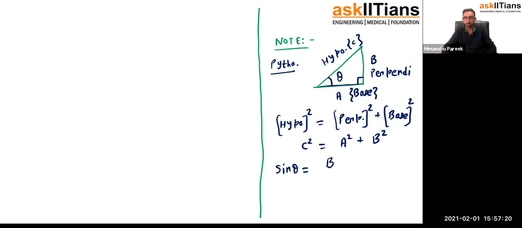Perpendicular is B, hypotenuse is C. Cos theta is base upon hypotenuse. Base is A, hypotenuse is C. Tan theta is perpendicular upon base. So perpendicular is B and base is A.